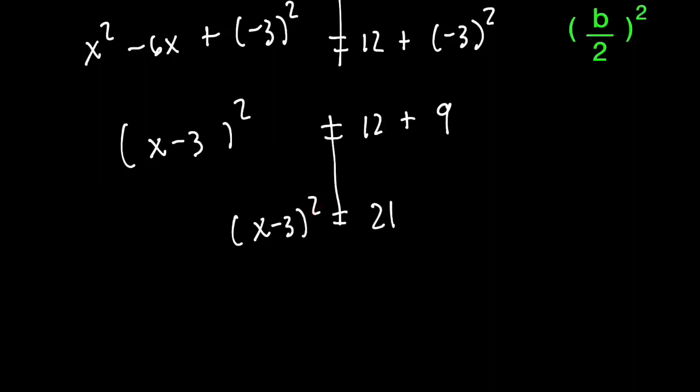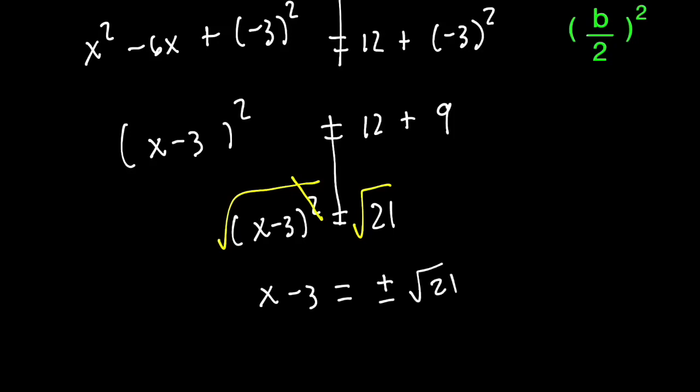Next, I'll get rid of the square by taking the square root of both sides. And doing this, the square and the square root are going to cancel out on the left, leaving me with x minus 3. And on the right hand side, 21 is not a perfect square, and I'm not going to be able to simplify this any further, so I'll leave it as plus or minus radical 21.